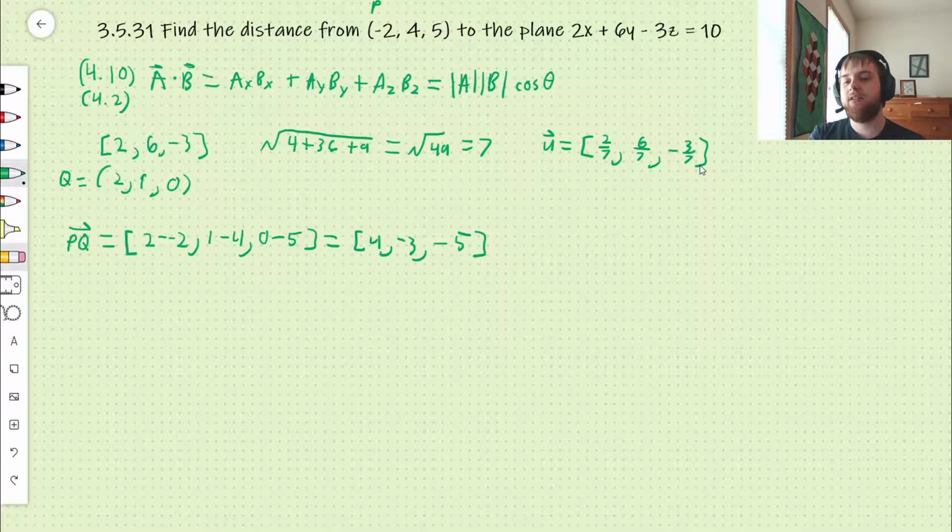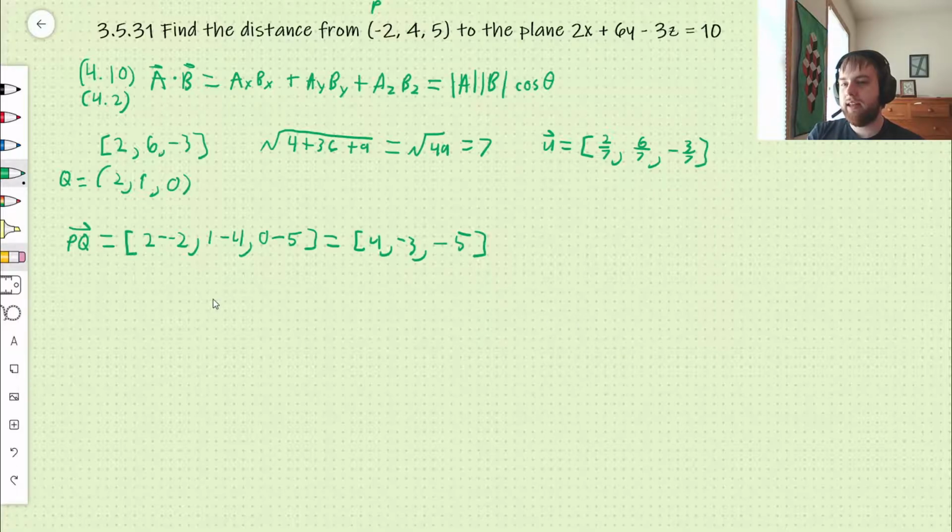If you imagine the situation, the shortest distance from any point to a plane, if you draw that line, is going to be perpendicular to that plane. So that's why we want to use the dot product, because we want to measure how lined up this PQ vector is.